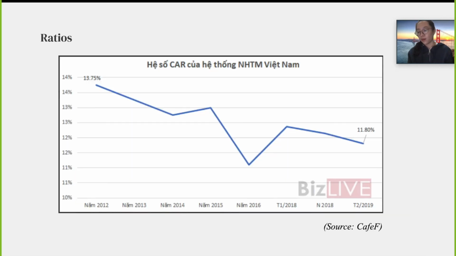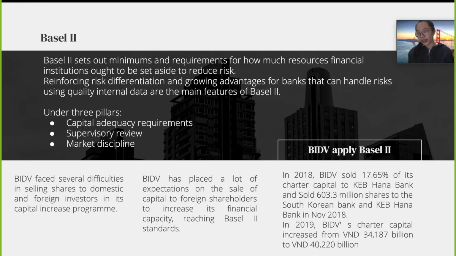Here we also point out the CAR ratio of the commercial banking system in Vietnam. After satisfying Basel I, BIDV was one among 10 commercial banks allowed to apply the Basel II concept by SBV. However, the three pillars made the process of implementing Basel II difficult and challenging for BIDV.